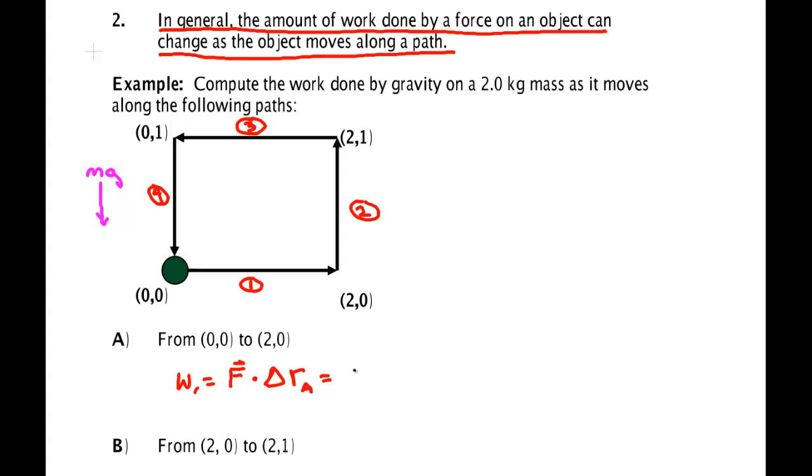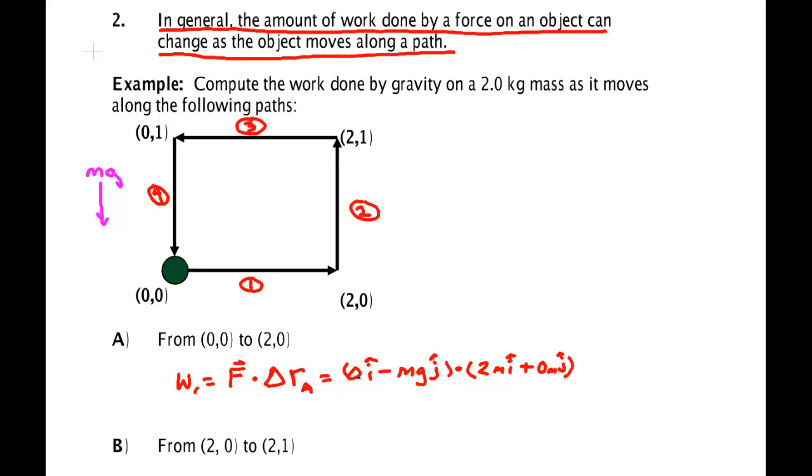Well, the force is 0 i hat minus mg j hat, and then we're going to dot that into a displacement along here, and the displacement is 2 meters i hat, plus 0 meters j hat because I didn't go along the y.